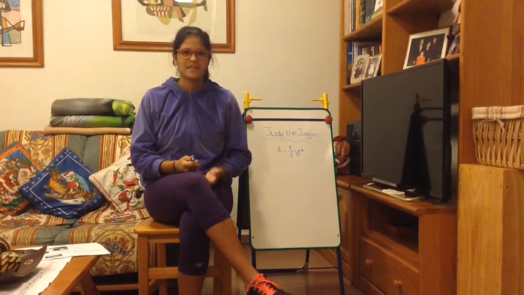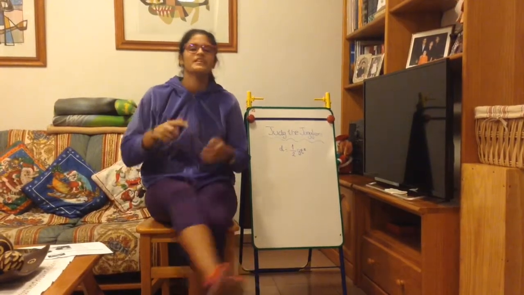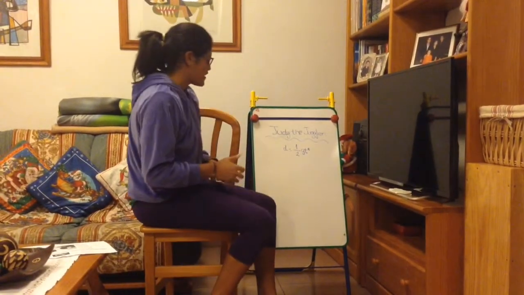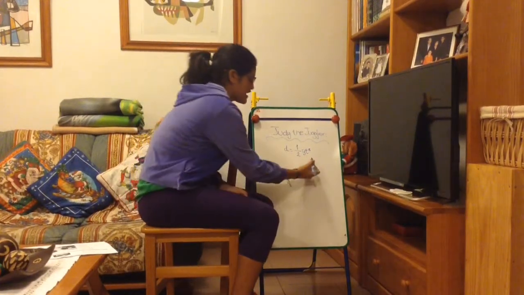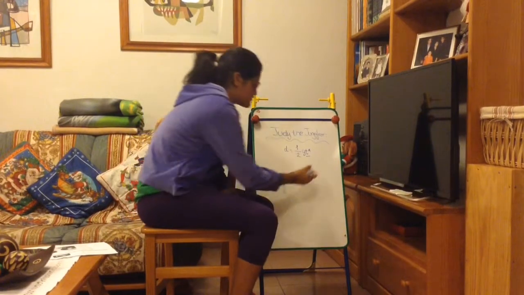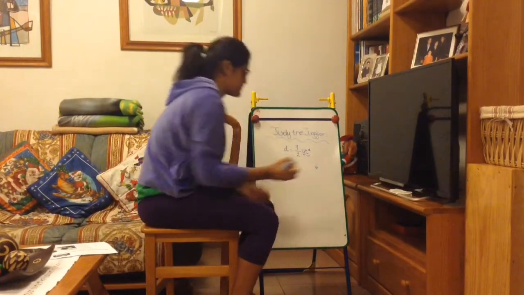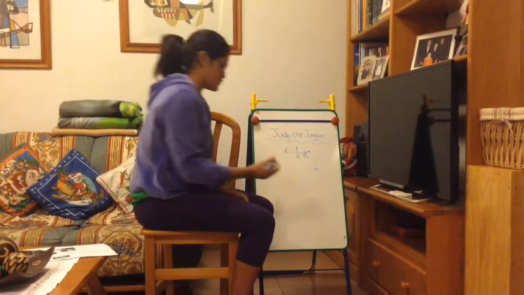I'm going to explain how you can rearrange T. So we have this equation. You need to rearrange T. So first you have to multiply both sides by 2.